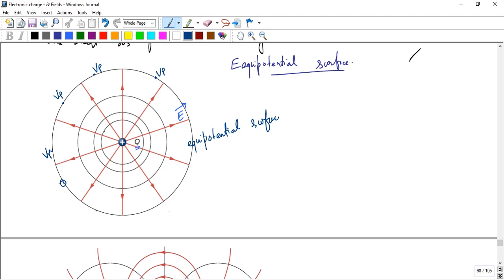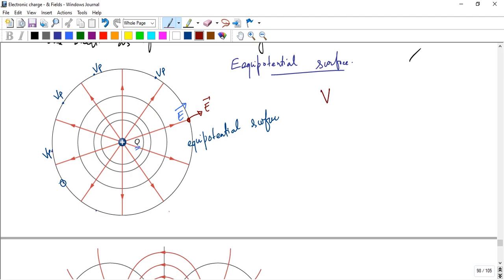That's why this surface is called equipotential surface. And you see very carefully, the electric field pierces that surface in the outward direction. If the source charge is positive, the electric field pierces outward. Okay, that surface is an equipotential surface.